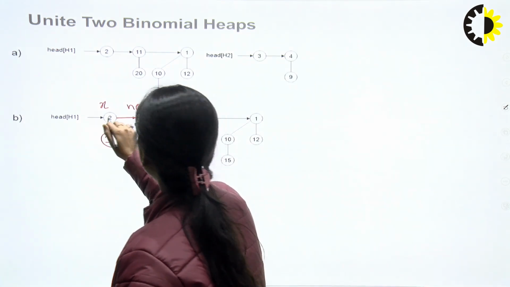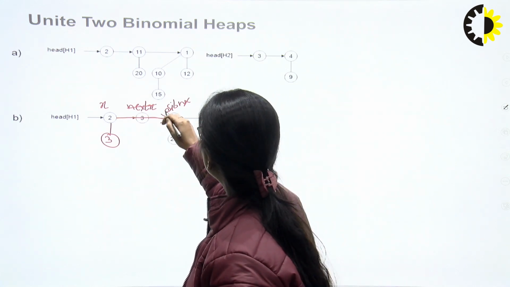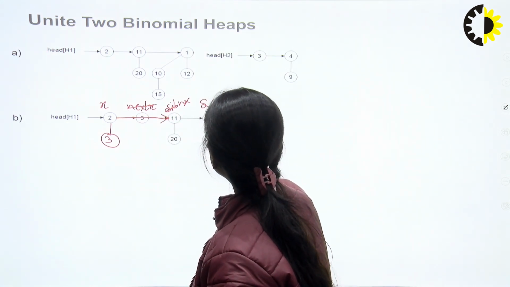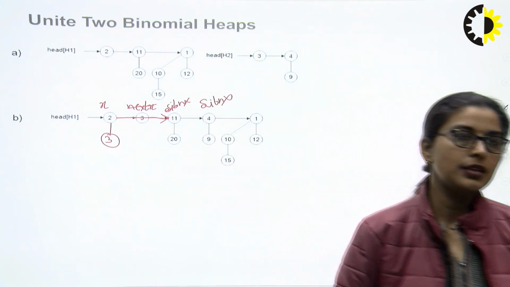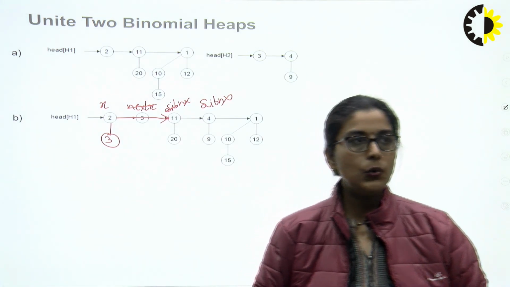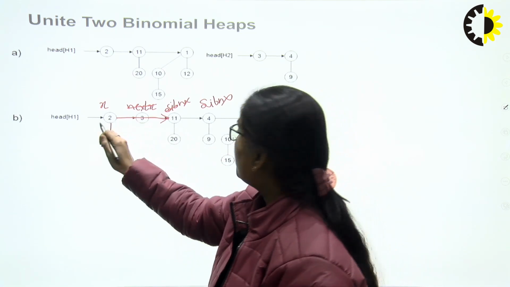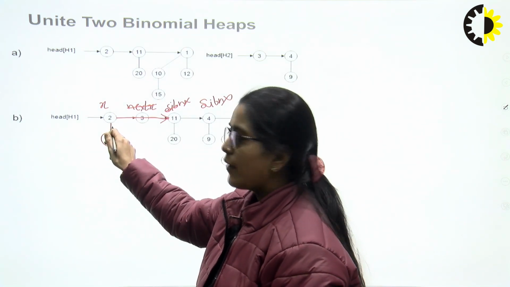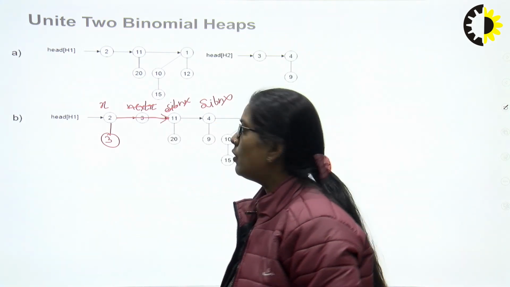Okay, now the pointer refresh. This is not our next of x now. This is next of x and this is sibling of next of x. Now what kind of case is there? Case number 2 is here. In case number 2, the degree of x is equal to the degree of next of x, and is equal to the degree of sibling of next of x.